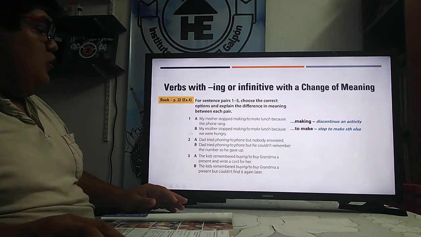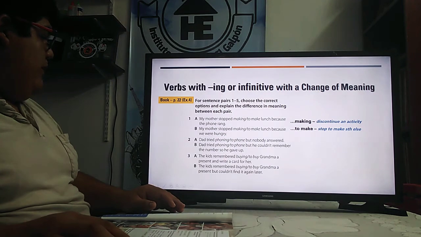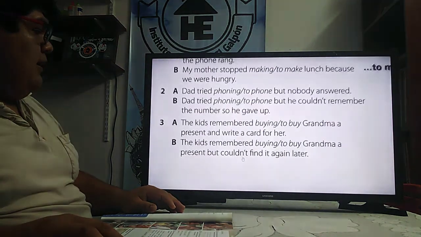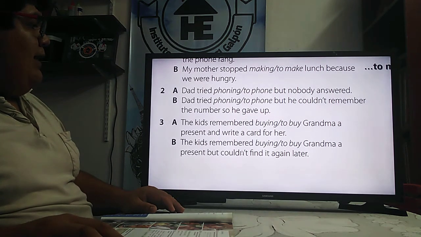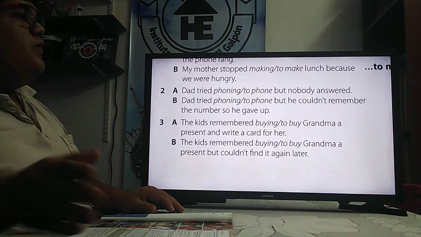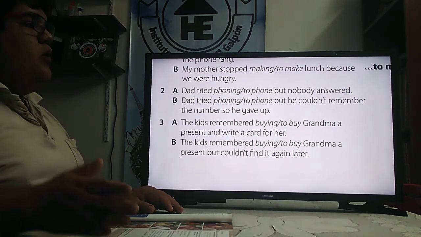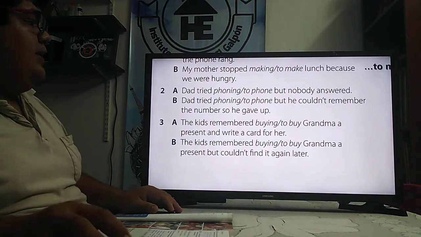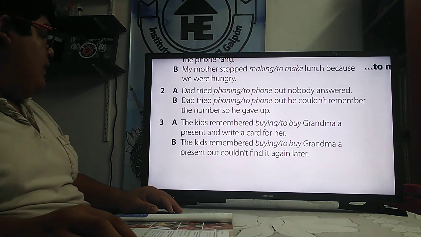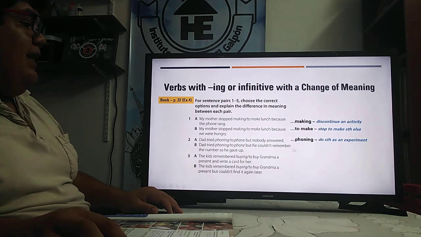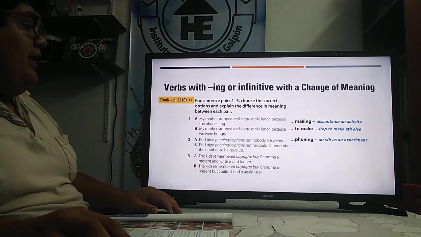Then we have that tried. Let me make it bigger, yes? I don't know if you can read it quite well, but let's make it bigger. That tried phoning or to phone, but nobody answered. And that tried phoning or to phone, but he couldn't remember the number, so he gave up. So let's see. Here it is, the correct option is phoning.